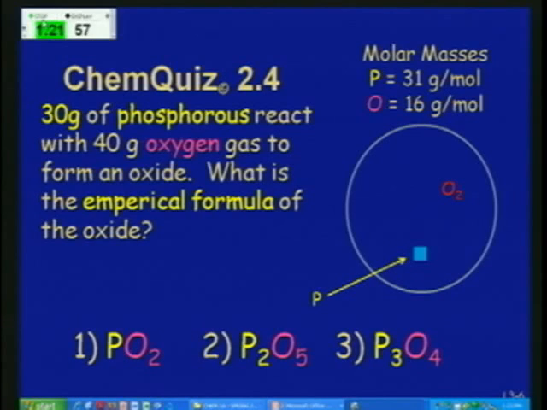Discuss it with each other. But find the factor to multiply. So what's the factor? Double.